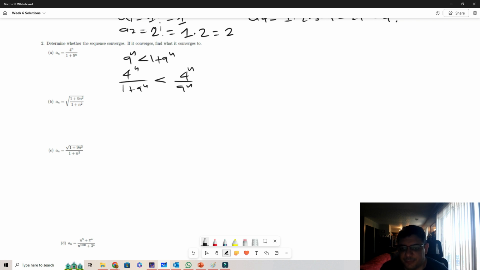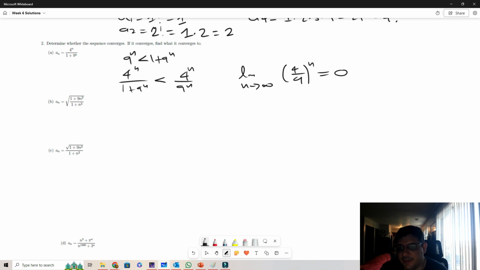Now this is a geometric series. Or sorry, a geometric sequence, and so the limit when n goes to infinity of (4 over 9) to the n, because this number is less than 1, is going to go to 0.